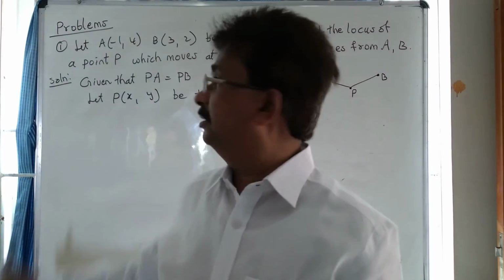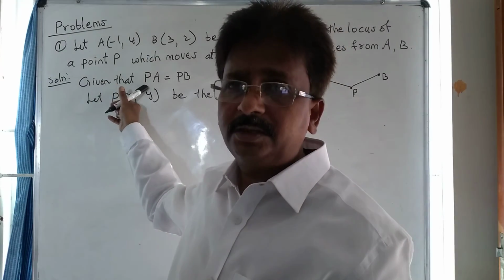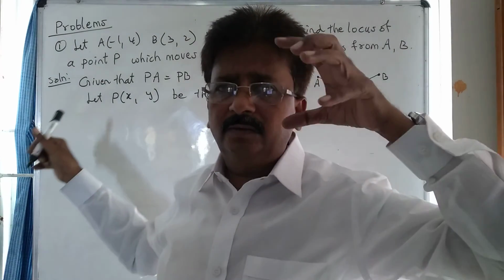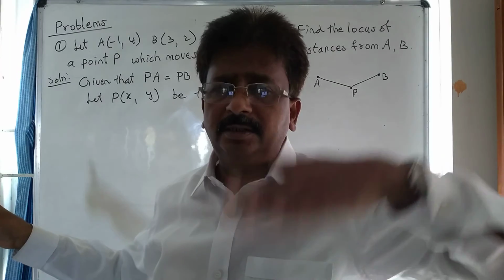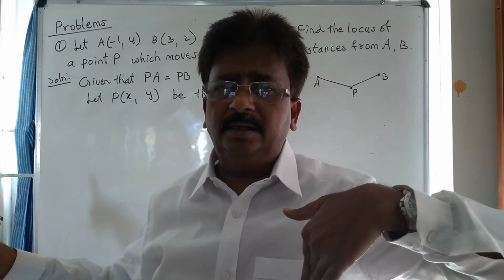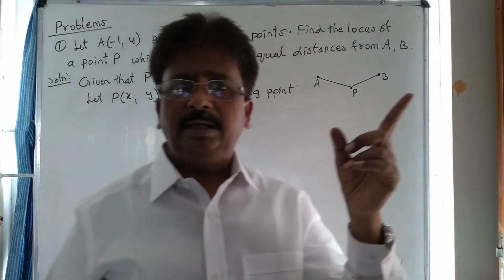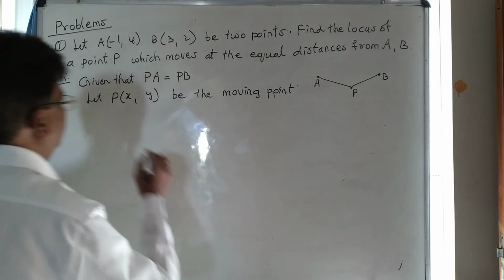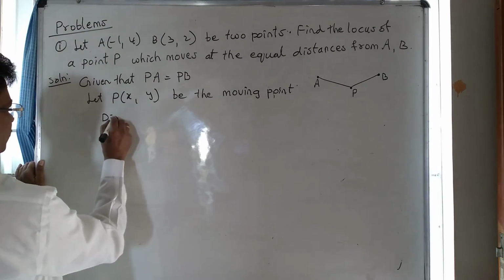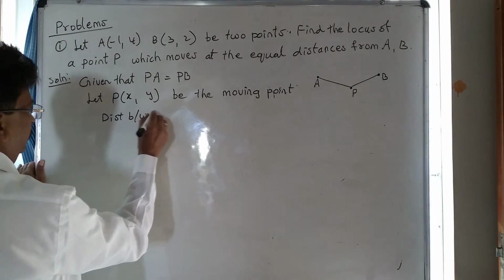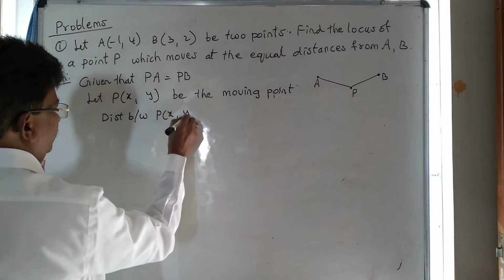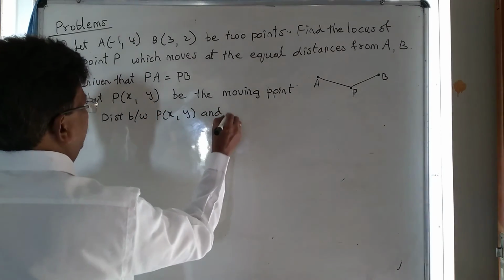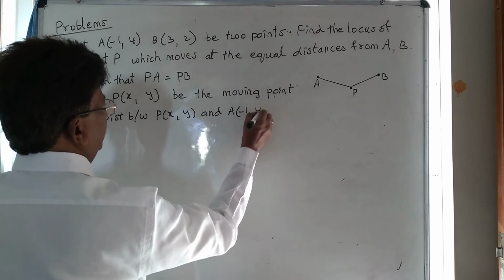After that, according to the geometrical condition, we have to use the formulas in the first chapter, the introduction chapter. PA, distance between P x comma y and A minus 1 comma 4.